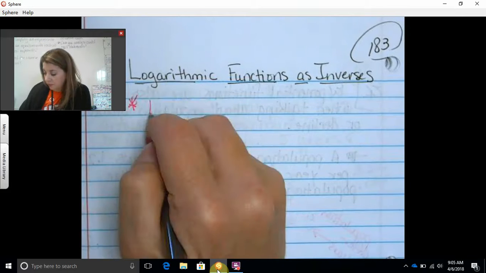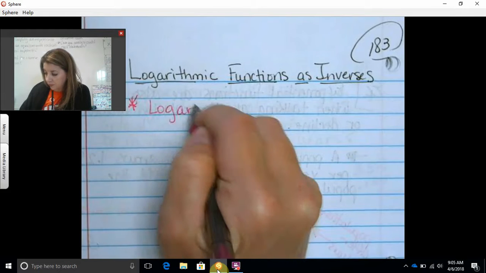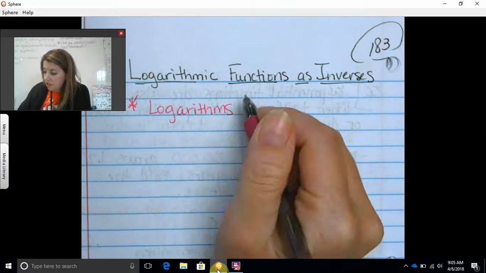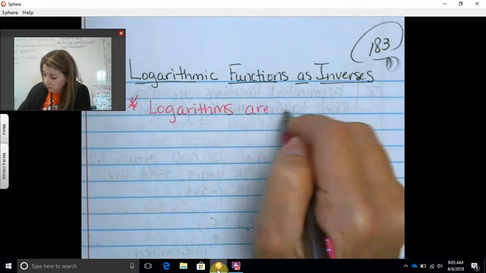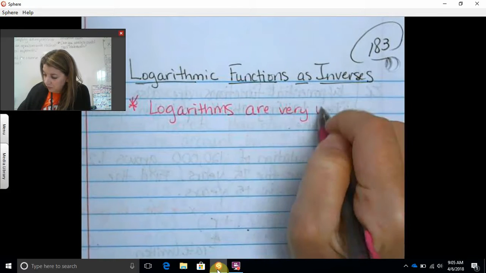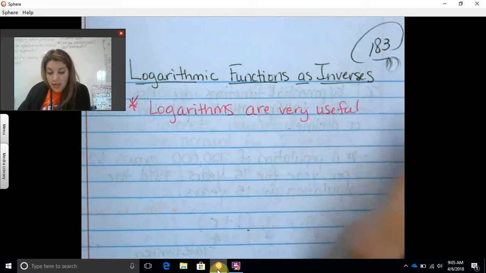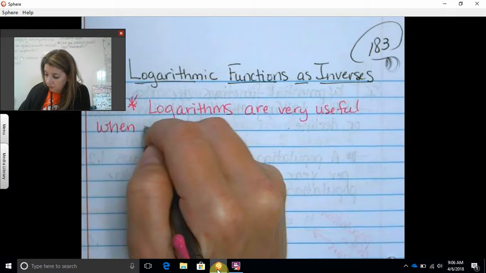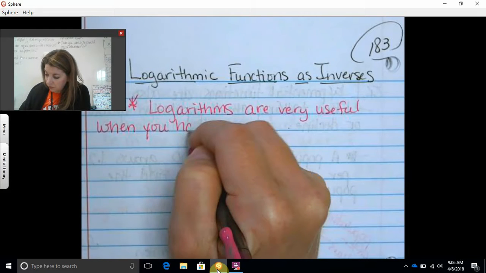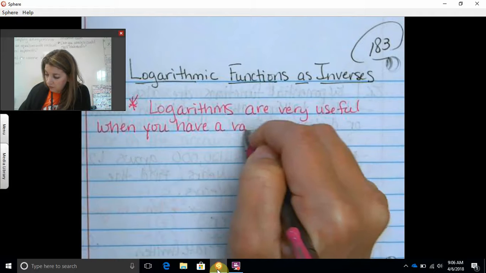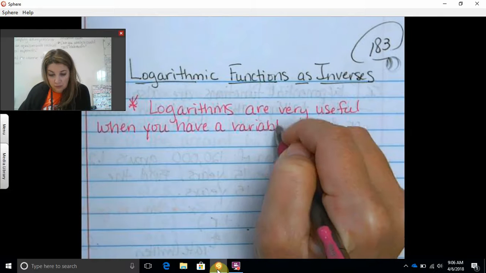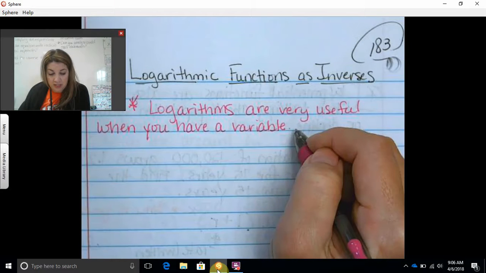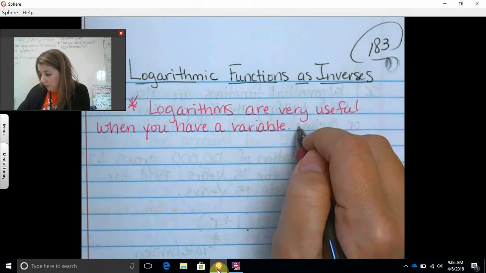Logarithms are very useful when you have a variable in the exponent that you have to solve for.